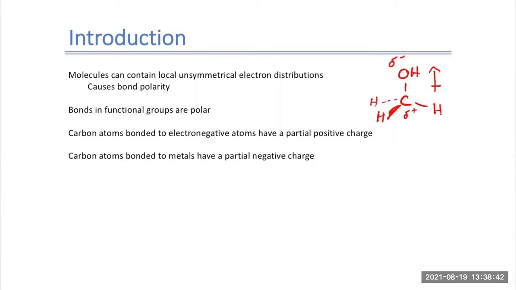Because the bonds in some functional groups are polar like this, that's how we start to get polar reactions. And so since that carbon atom has a slightly partial positive charge, something with a lot of electrons, let's say we have a bromine with a negative charge, that bromide ion, that can come and attack the positive charge.